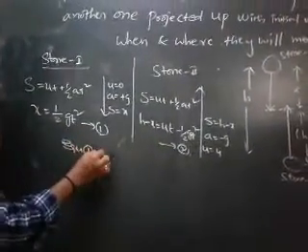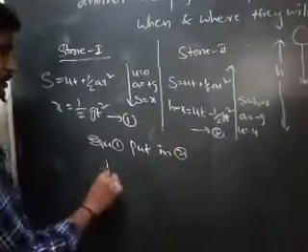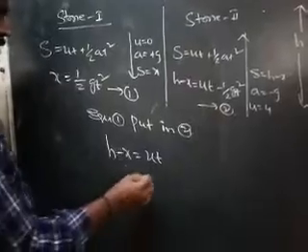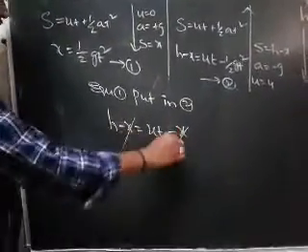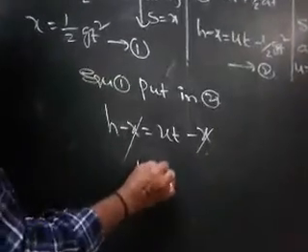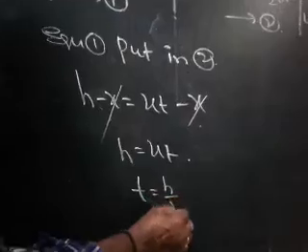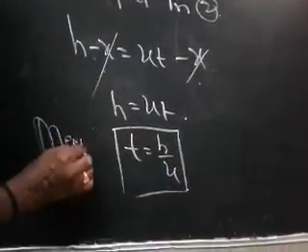Equation 1 put in 2: h minus x is equal to ut minus x. The x gets cancelled, h is equal to ut, so t is equal to h by u. This is the meeting time.